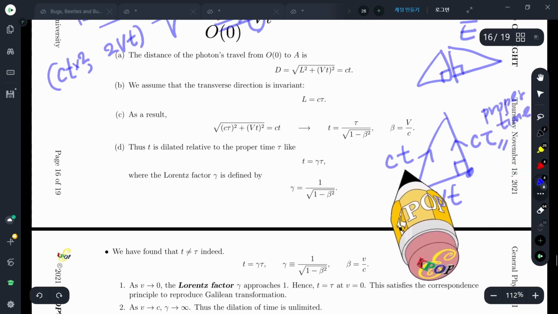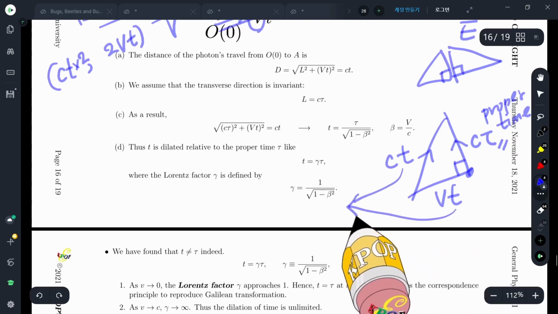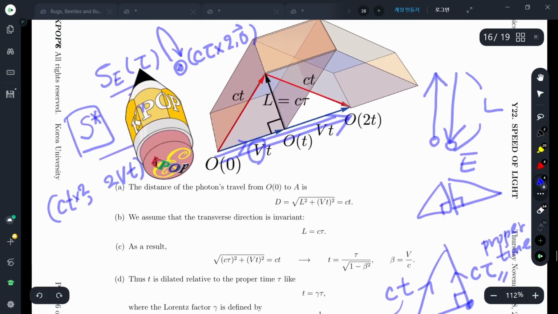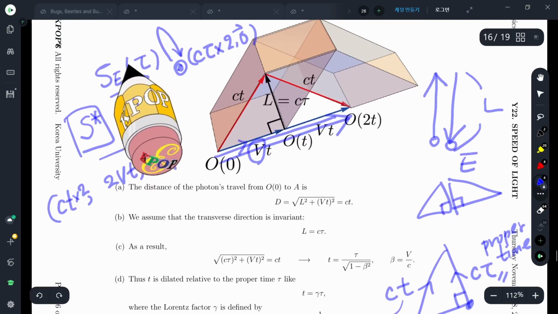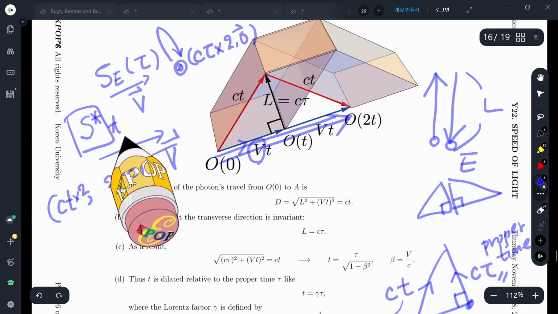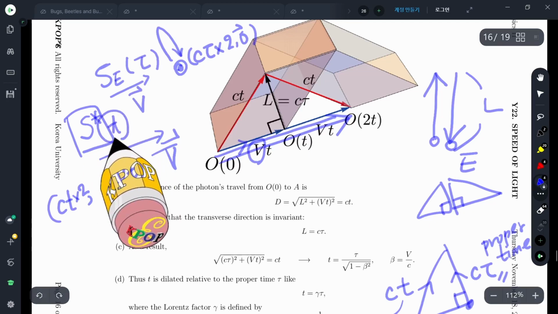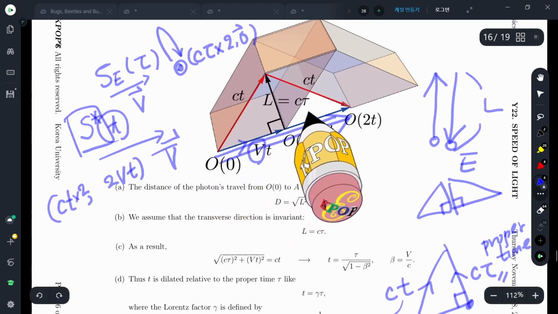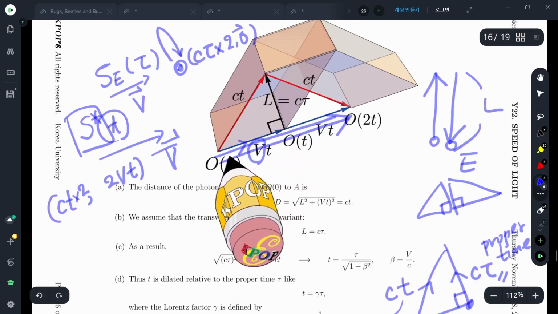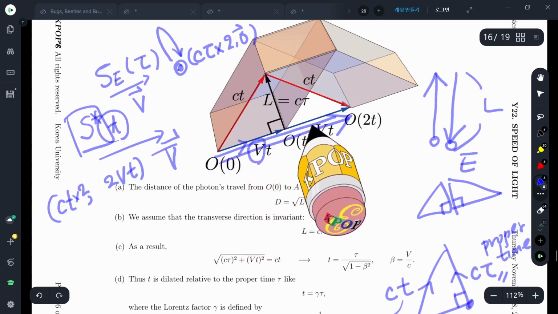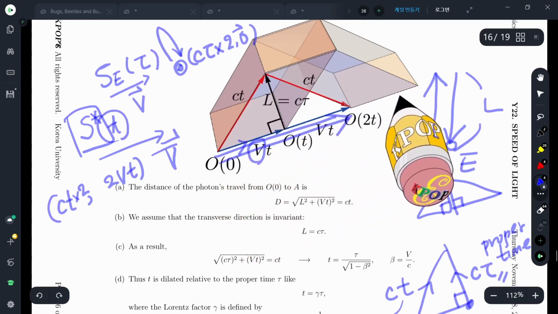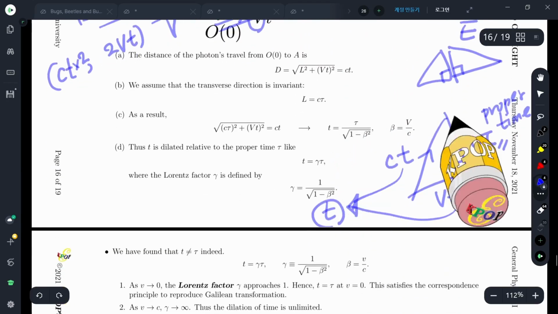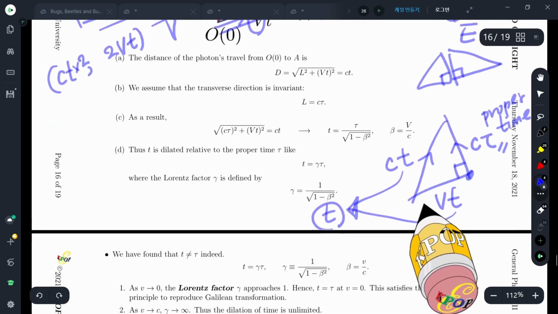Here the two sides depend on the time tau measured in the Earth rest frame and time t measured in the S star frame, in which both the Earth and the experimental device move forward along this direction with the relative velocity capital V. Now we end up with this identity.